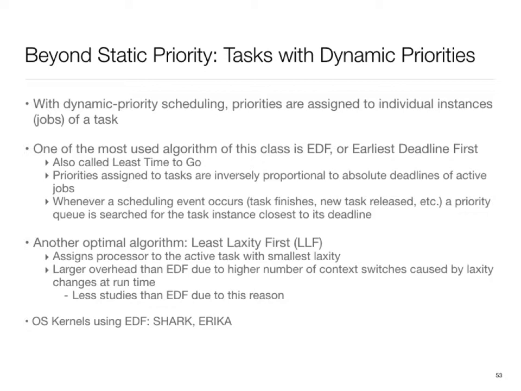The other one, which is not as well used but essentially performs as well in terms of the guarantees it makes, is called least laxity first. Laxity refers to the difference between how far away your deadline is and how much computation time I need. So it's taking both into account, as opposed to simply how far away my deadline is.